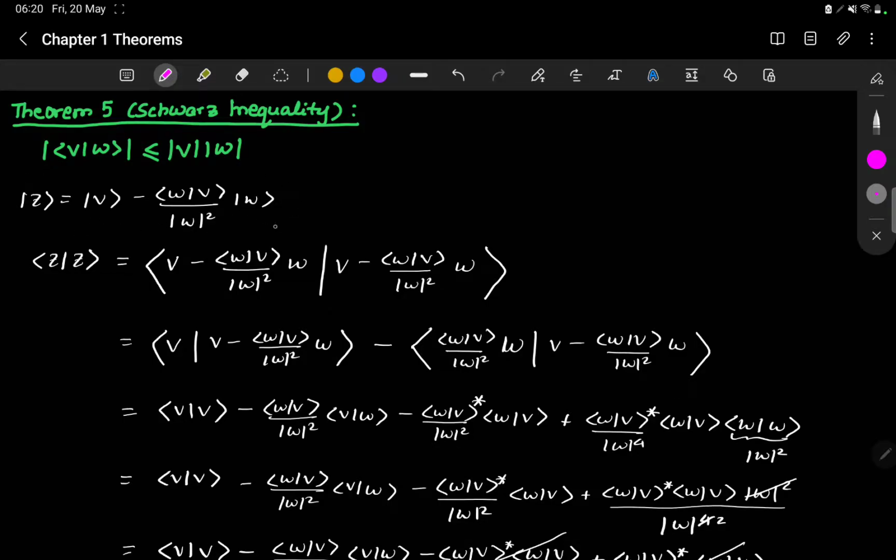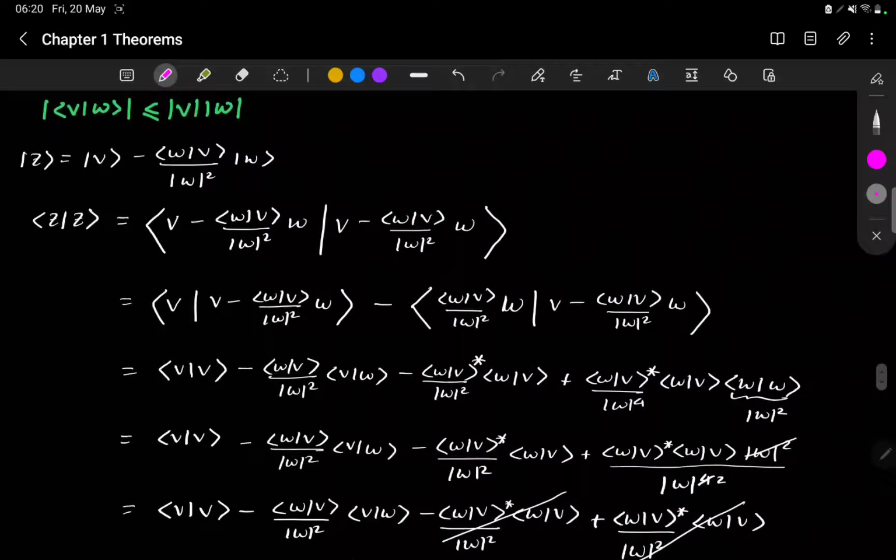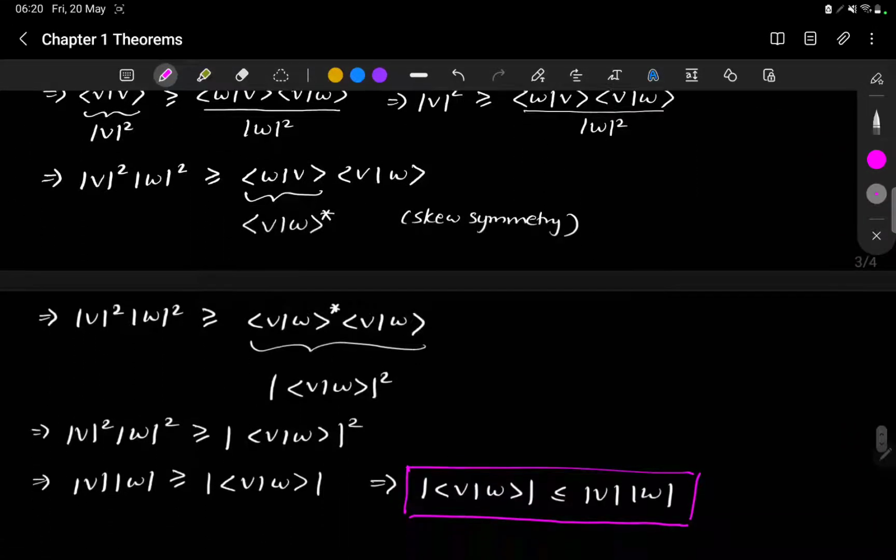This construction was really helpful in proving this inequality, even though at first sight it might look a bit complicated, something which is not intuitive at all, but this construction helps us in proving the Schwarz inequality that we wanted to show.